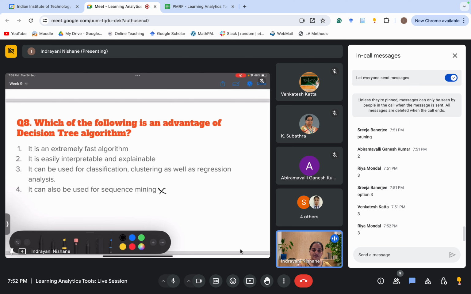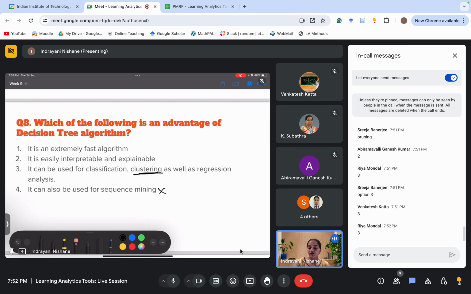There seems to be some confusion here. When we use it for clustering, we don't call it a decision tree. So don't get confused. The question is about decision tree, but as soon as we limit it to only clustering, the whole point of clustering is very different from a classification or prediction algorithm.